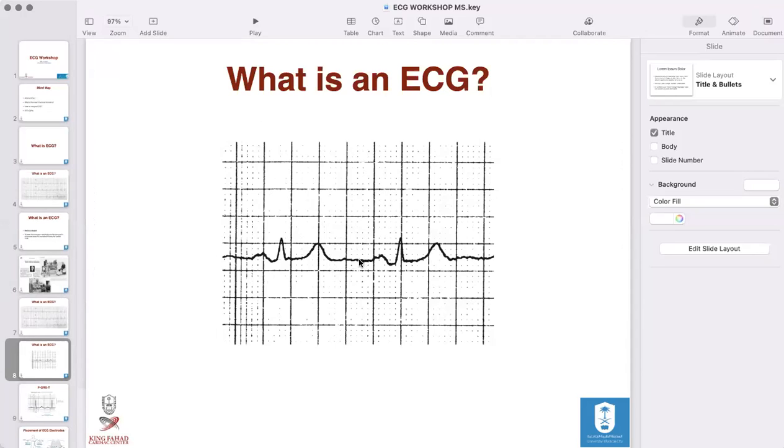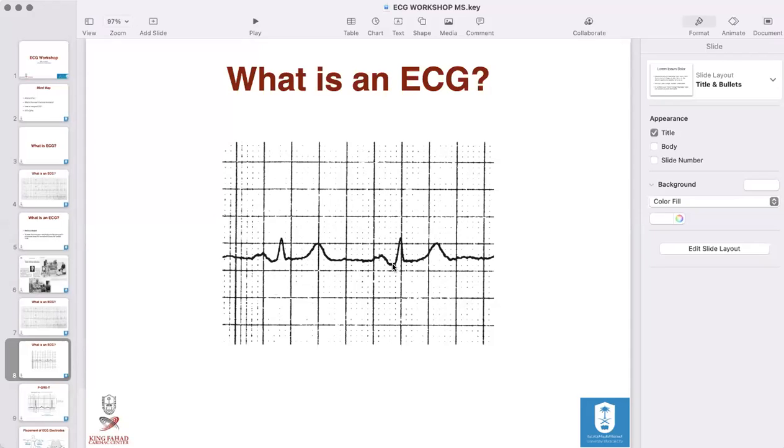This isoelectric line is called the TP segment, and this is what you use as a reference for everything within the PQRST deflections. The P wave starts, and that's atrial depolarization, okay?